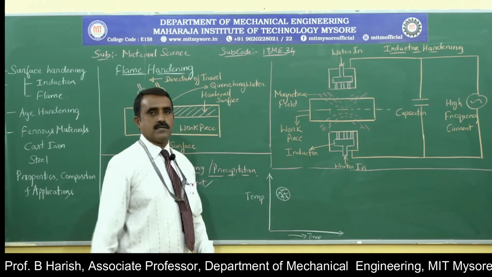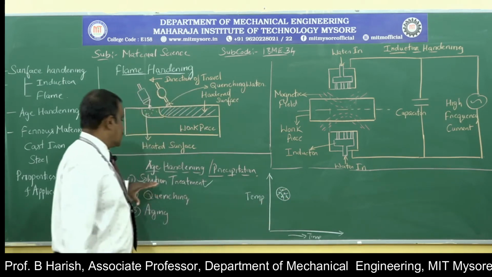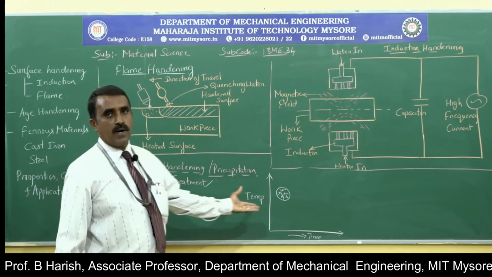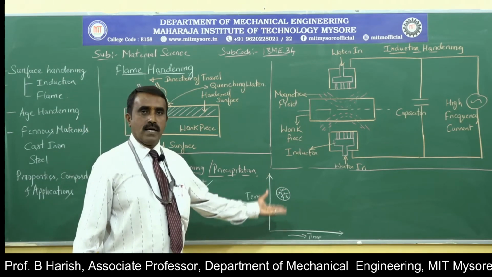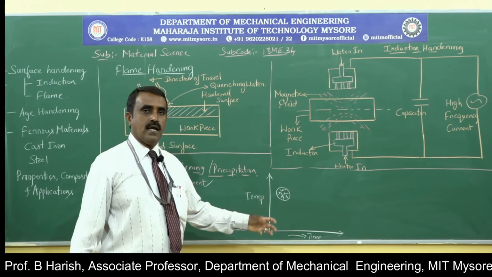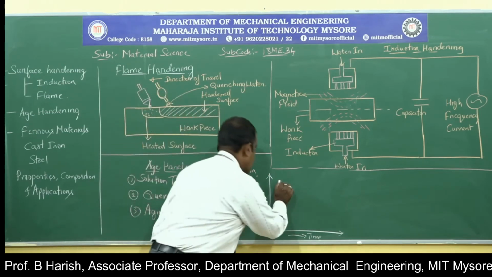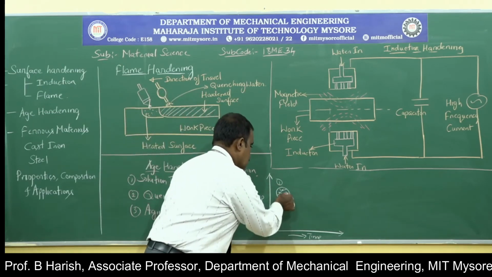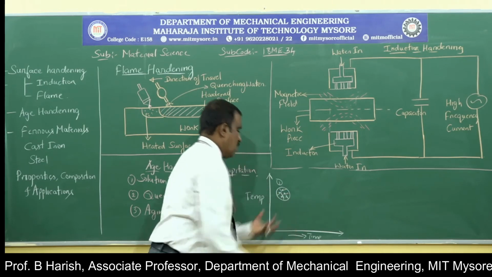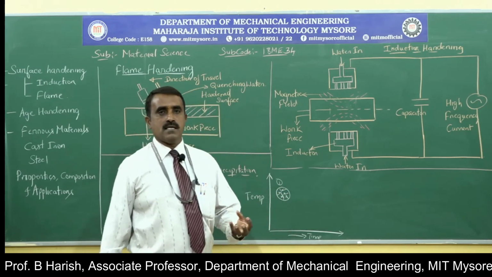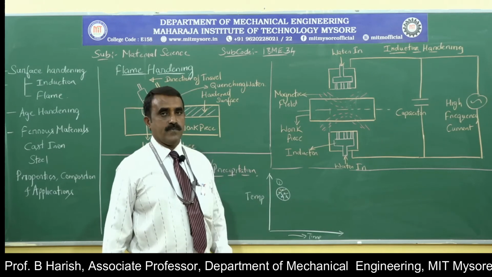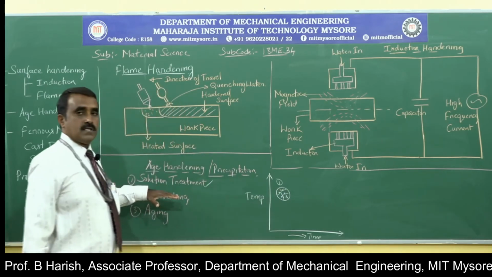So this is the first stage, solution treatment, where the copper percentage will be less. When it is heated, the structure will look like this, with small patches seen over the structure. That is the first stage.